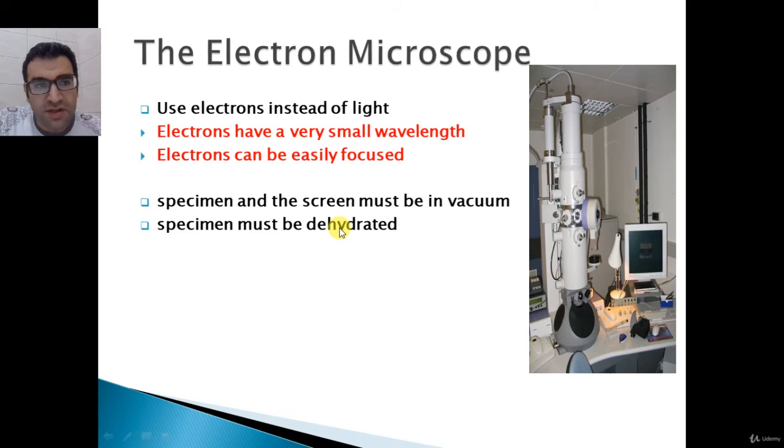What's the reason for that? The reason is that in vacuum, water will boil. It will not wait for 100 degrees Celsius at room temperature. Here we have vacuum, so water can boil easily. So we have to make sure when using an electron microscope that the specimen we are seeing is totally empty of any water particles.